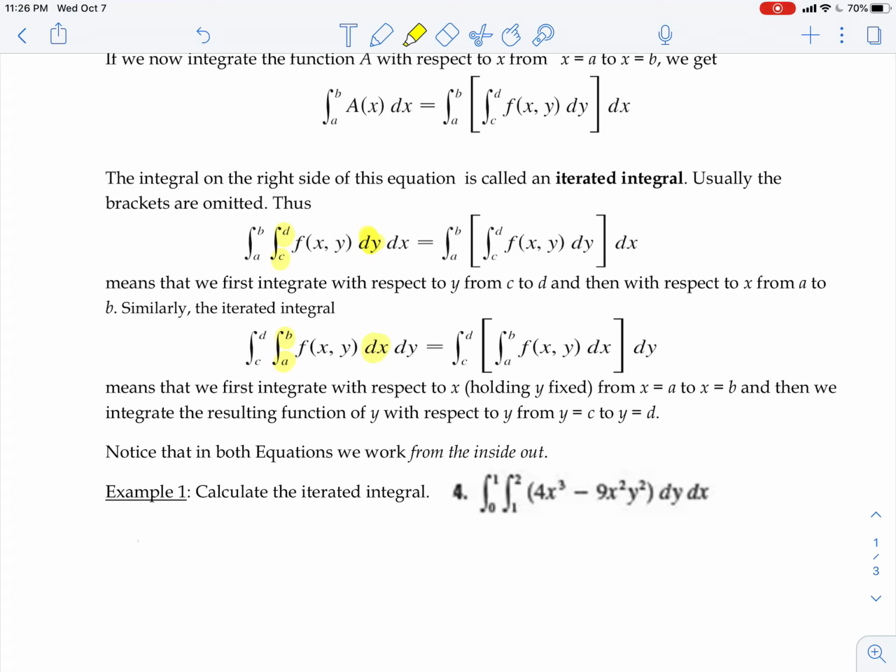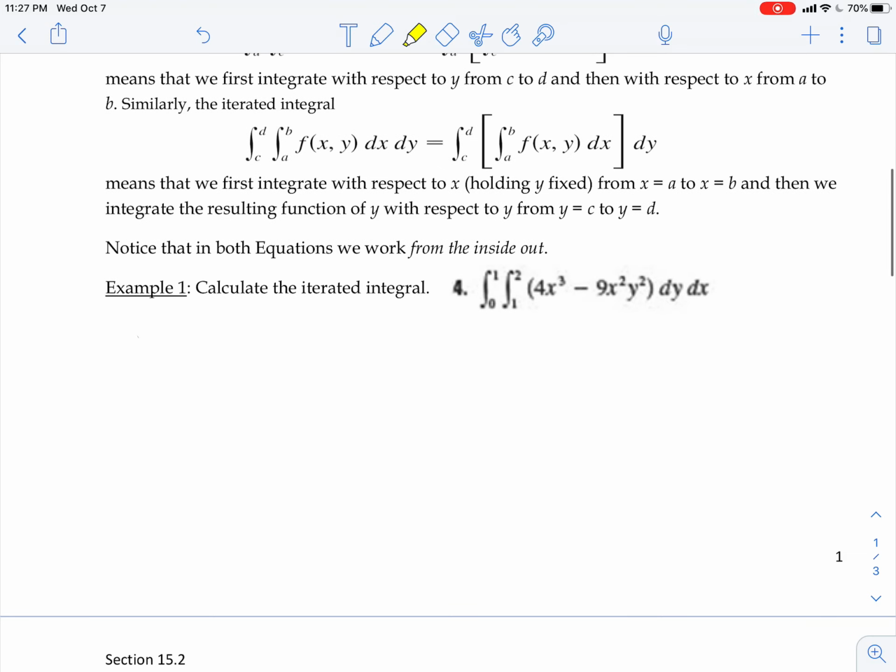Whatever comes first in your integral, that's what you integrate first. So for this first one, we'll integrate with respect to y first, and in the second one, we'll integrate with respect to x first. So let's go ahead and do that. We're going to look at our first iterated integral.